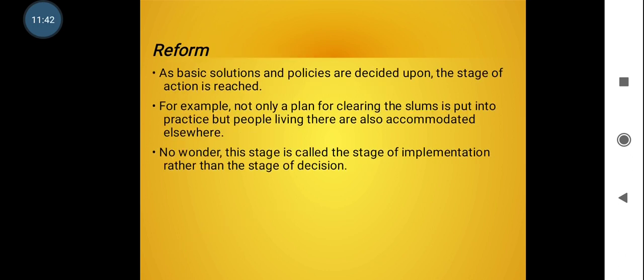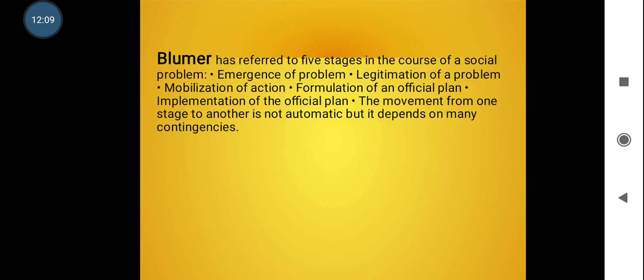And the last stage is reform. As basic solutions and policies are decided upon, the stage of action is reached. For example, not only is a plan for clearing the slums put into practice, but people living there are also accommodated elsewhere. No wonder this stage is called the stage of implementation rather than the stage of decisions.